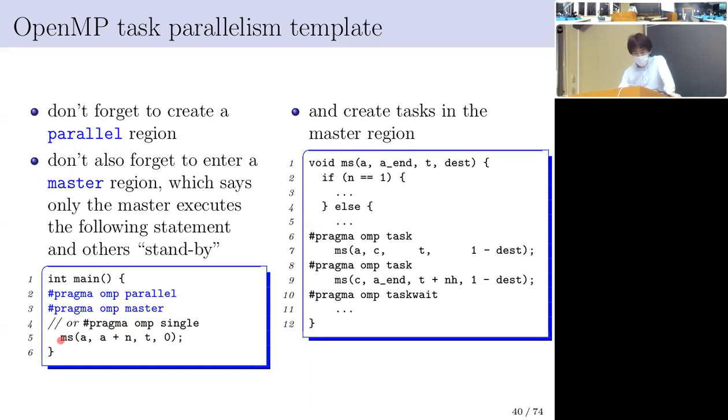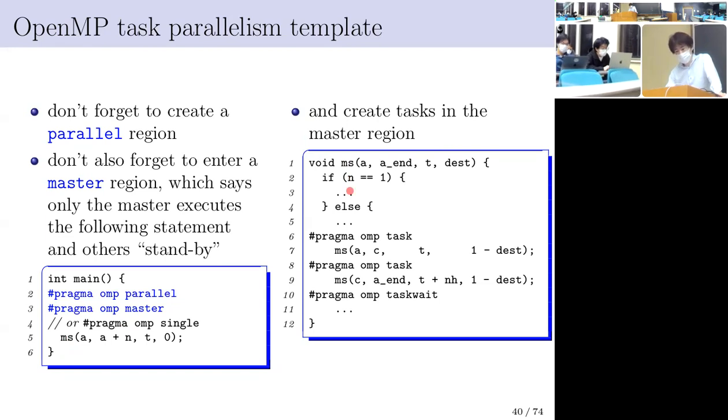And here I'm calling a function, let's say MS. Inside this MS, the most typical situation in which task parallelism can be profitably used is something like this. You have recursive calls. You can do these multiple recursive calls in parallel.